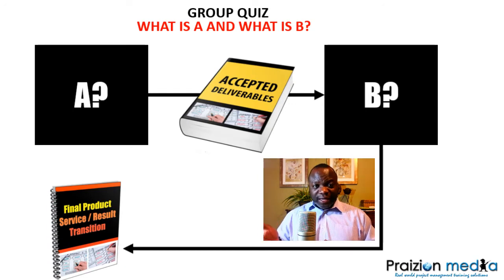So the answer to A is validate scope. The answer to B is none other than close project or phase. Close project or phase is the process where all accepted deliverables go for a final transition. So the output is final product, service, or result transition.